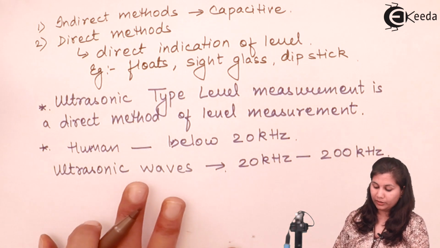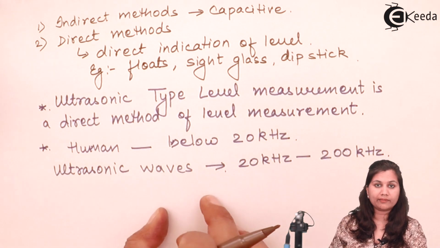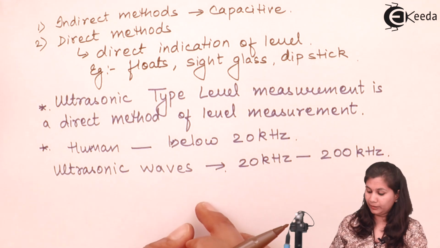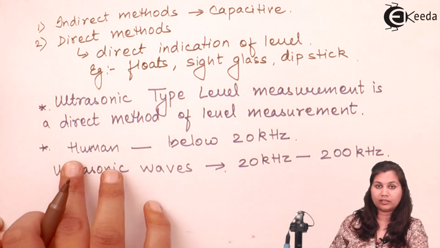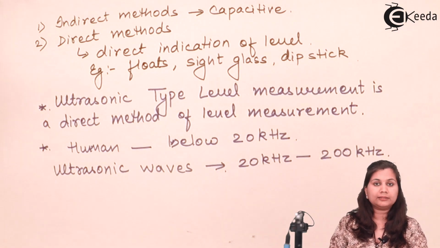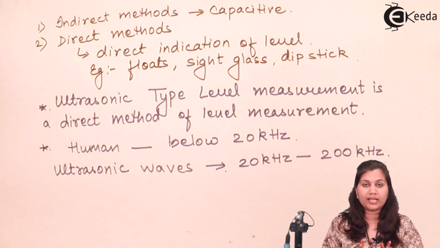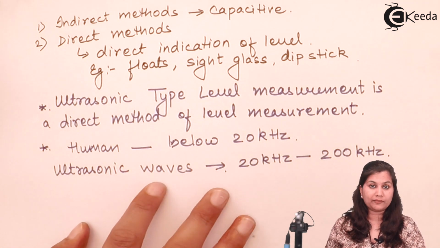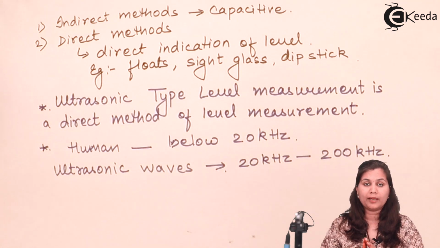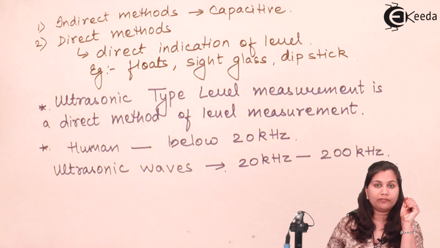So ultrasonic type of level measurement methods use the ultrasonic waves for the measurement of the level, and these waves are not in the hearing range of humans. You can see that the bat, the animal, cannot hear the human voice. It can hear the ultrasonic waves, and because the bat cannot see, to find out the distance of any object which is far from the bat, it uses the ultrasonic waves.